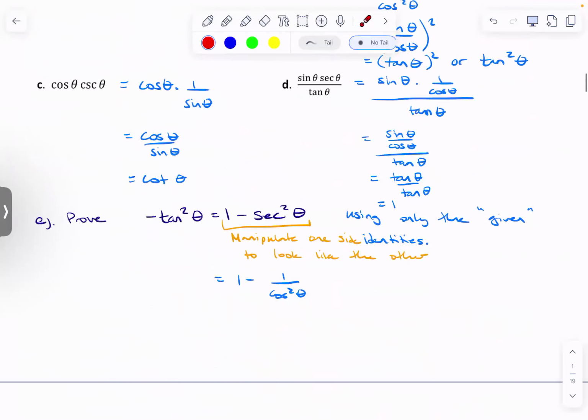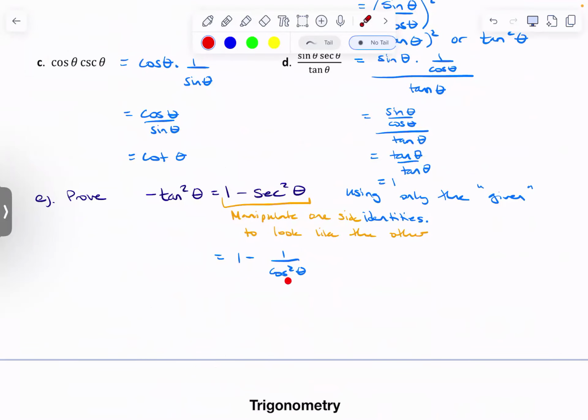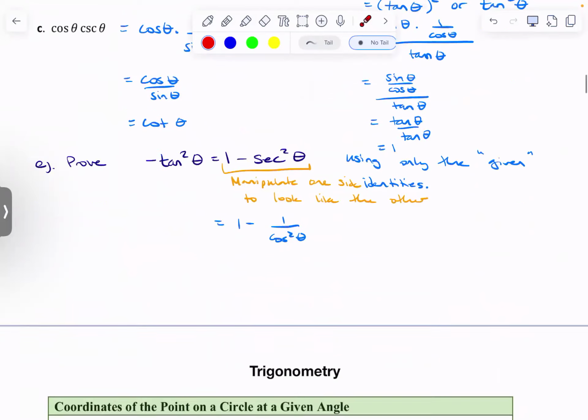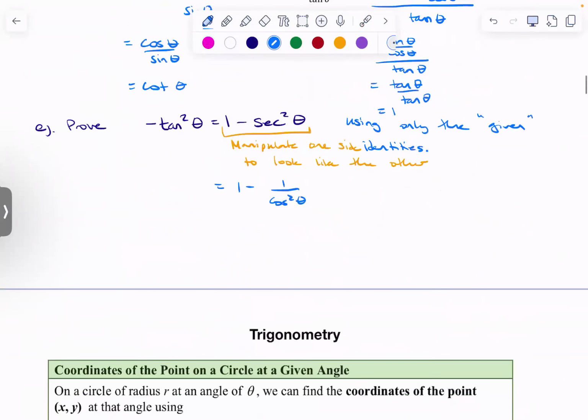And so the next thing I could do is force a common denominator by multiplying this 1 by cos squared theta. Let's do that. 1 times cos squared theta over cos squared theta. That's just multiplying by 1, so it doesn't change anything.